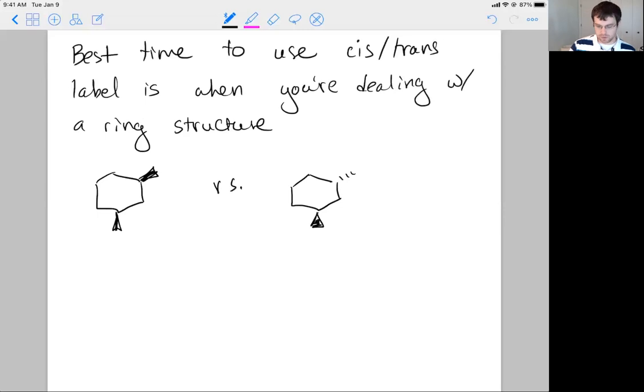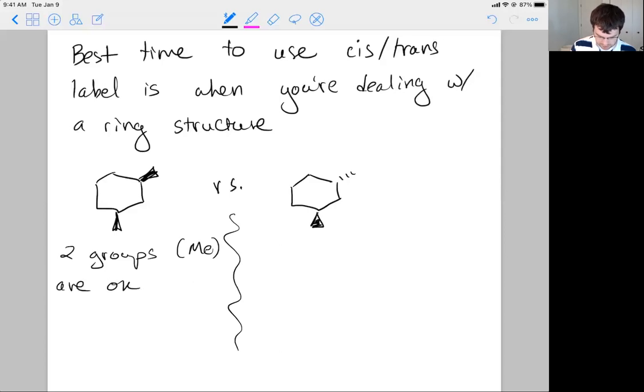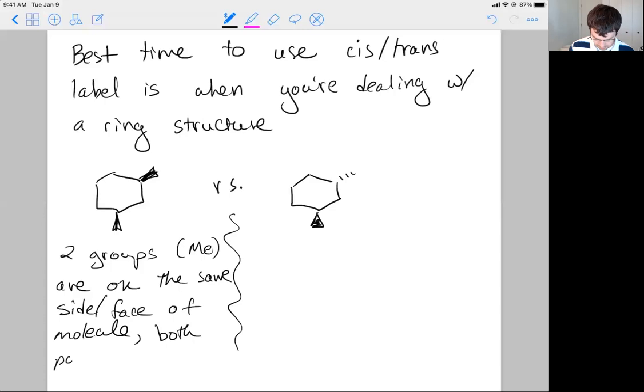What I would say about the one on the left is that the two groups, the methyl groups, are on the same side. Maybe you want to say the same face, as though it has two faces. Either way, they're both up, and relatively speaking, they're pointing in the same direction, towards us.